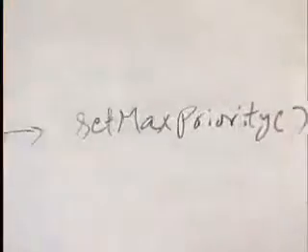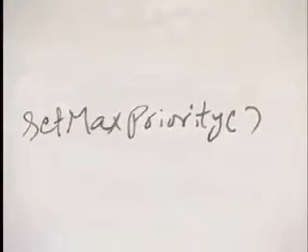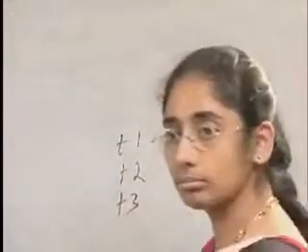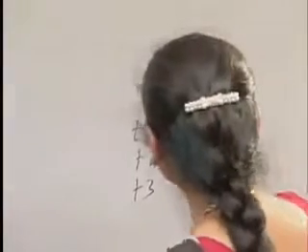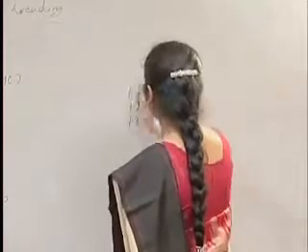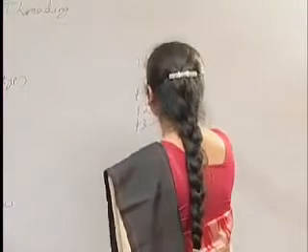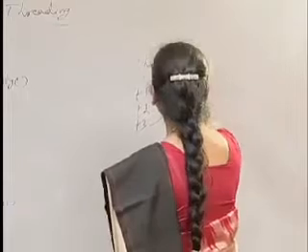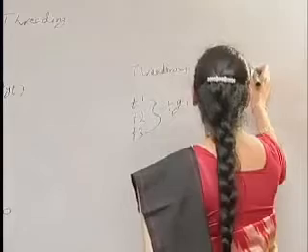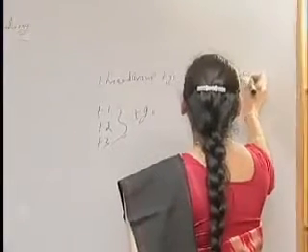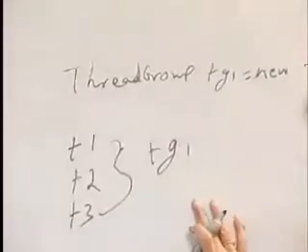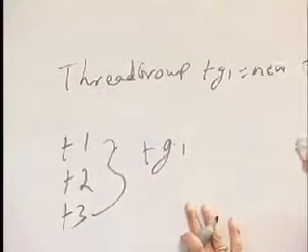Now let us see how this setMaxPriority works. Let's assume I have thread 1, thread 2, thread 3, and all these 3 threads belong to a group called TG1. I would have created ThreadGroup TG1 equal to new ThreadGroup, and while creating these 3 threads, I have passed TG1 as a parameter.